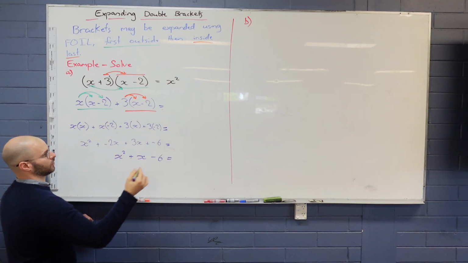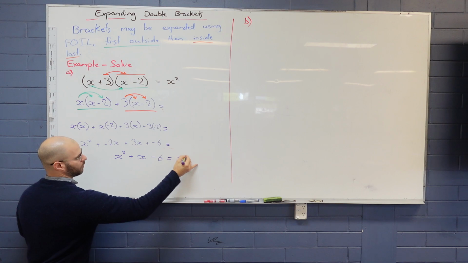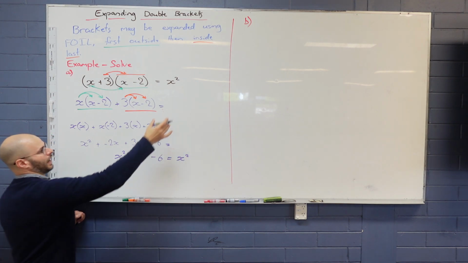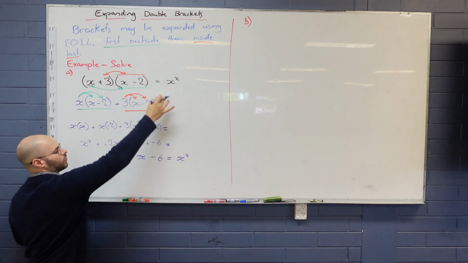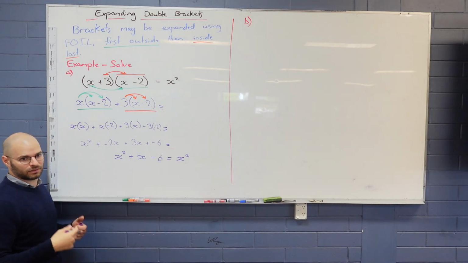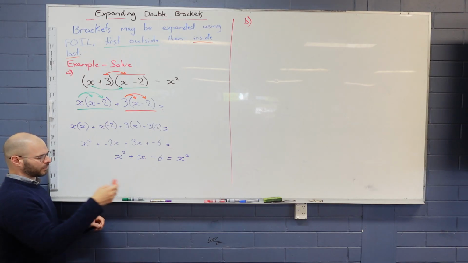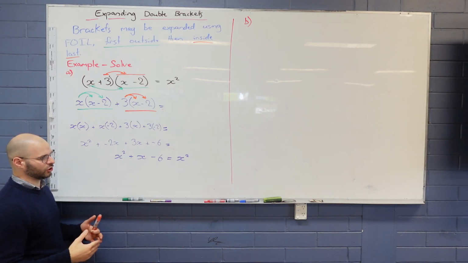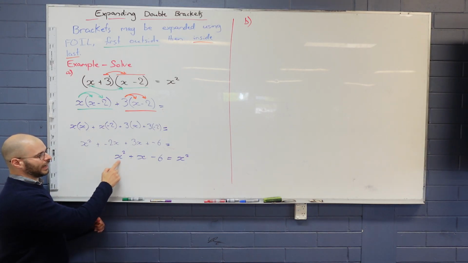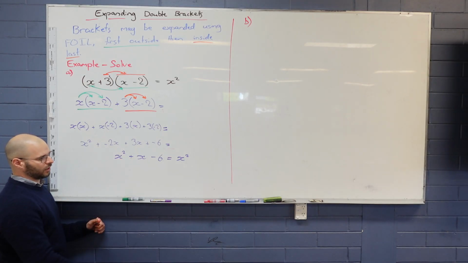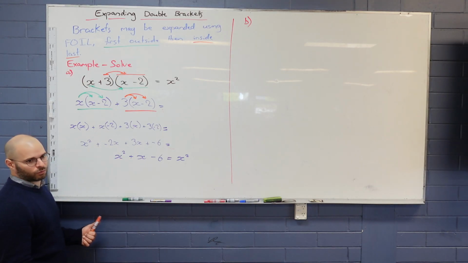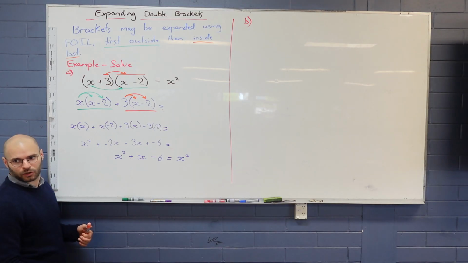And then finally on the right, we're presented with the x squared. I haven't had to write anything here because it's all going to track down to the final line where I'm now going to modify both sides. Second thing that I've only shown you a handful of times: we've got x squareds and we've got x's. What we want to do is only work with one sort of variable if possible.